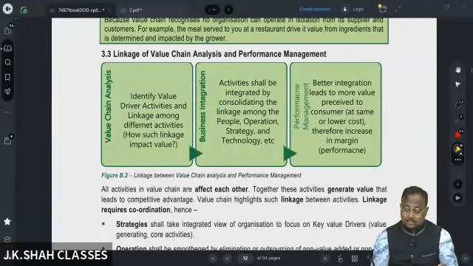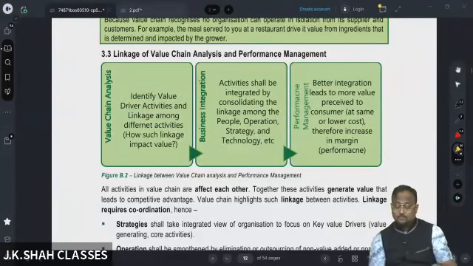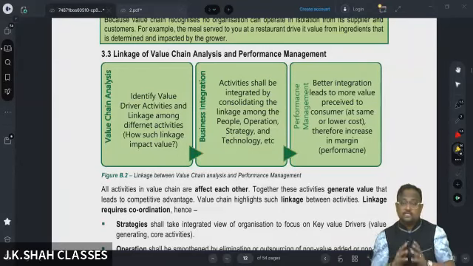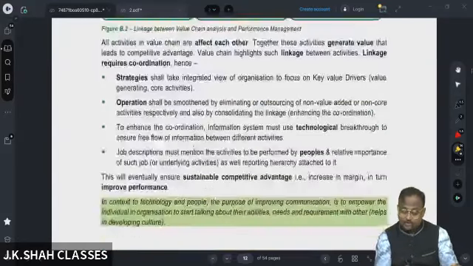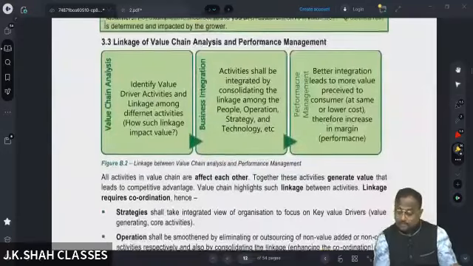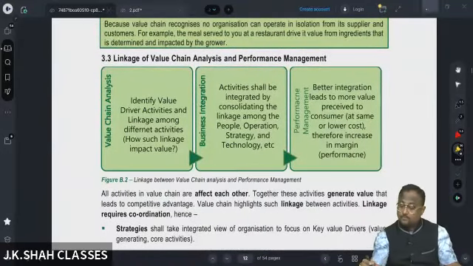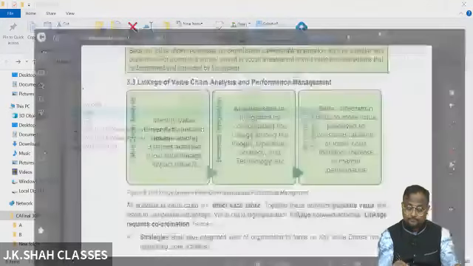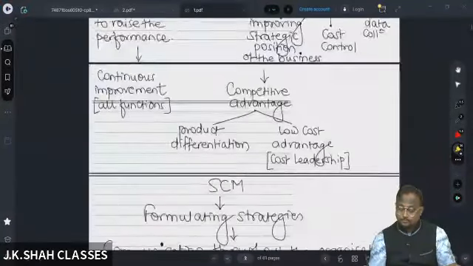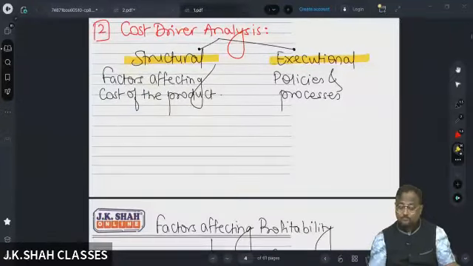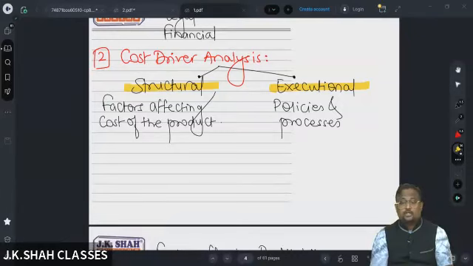See, how do we do it? First, you identify your driver activities. And then you consolidate all those drivers and segregate them into 2 different parts. I'll show you. Wait. See, structural drivers and executional drivers. This is what I was referring to.